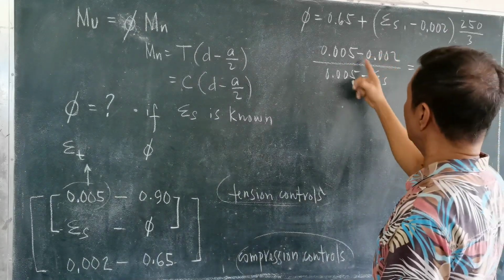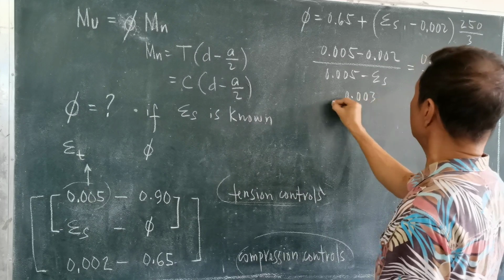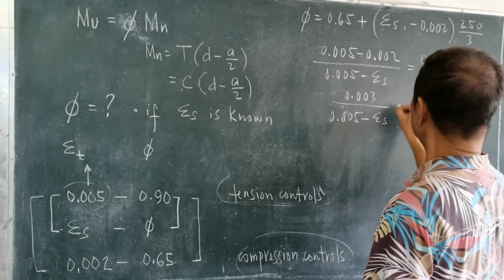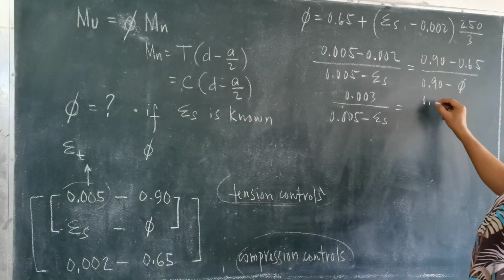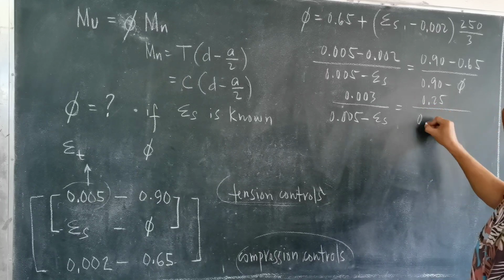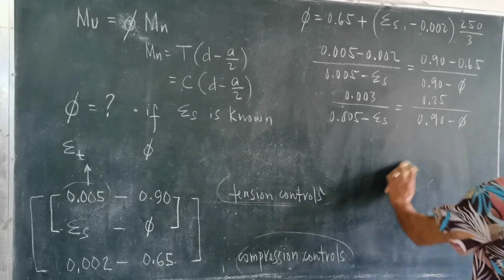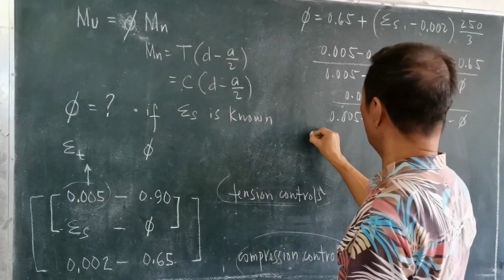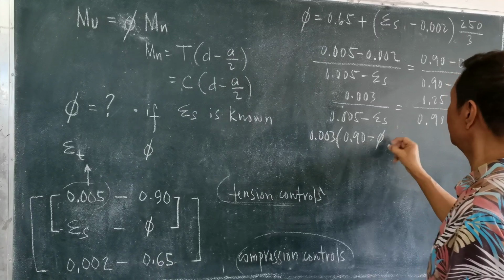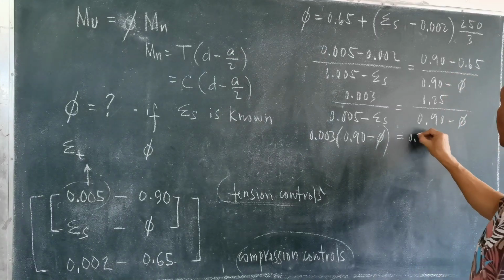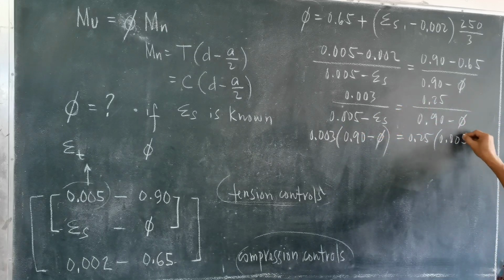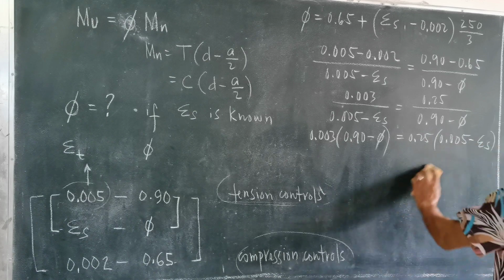Then we get the difference first, so 0.003 over the same denominator is equal to 0.25 over 0.9 minus phi. Then we cross multiply, so we get 0.003 times 0.9 minus phi is equal to 0.25 times 0.005 minus the actual strain in the steel.